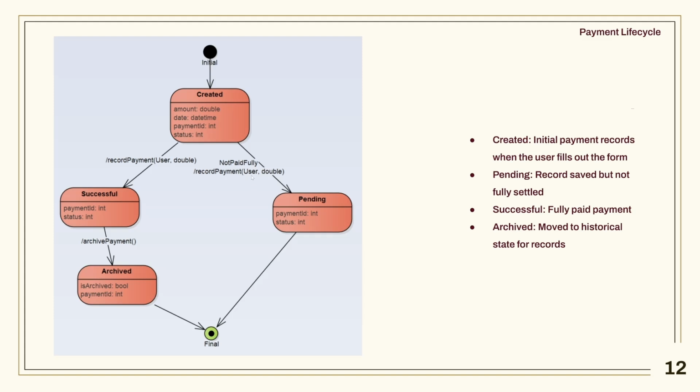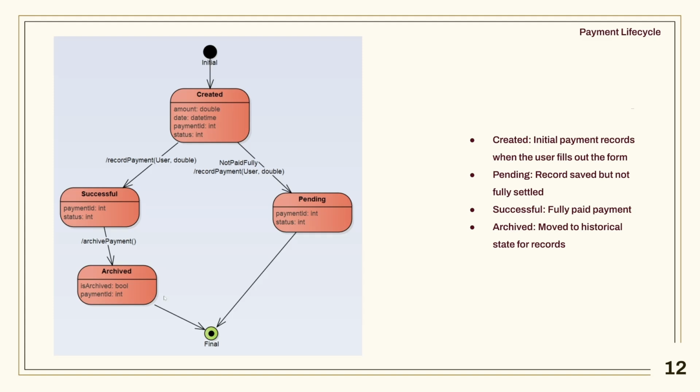If they indicate that it wasn't paid fully based on the amount, then it will be set to pending. If they paid in whole, then the state would be successful, and the system will archive that payment rather than deleting it, so that it's available for record keeping.